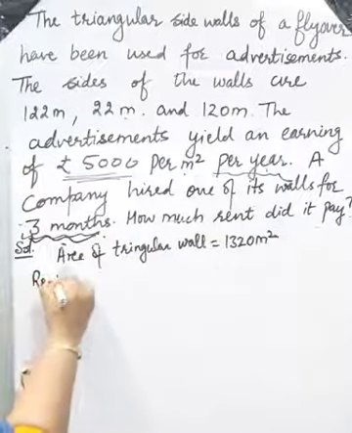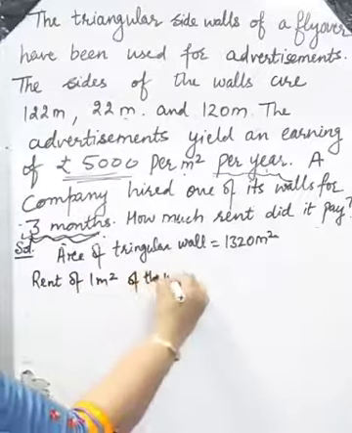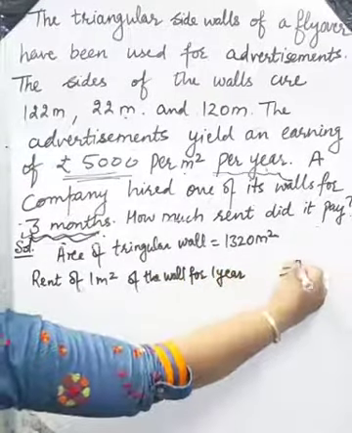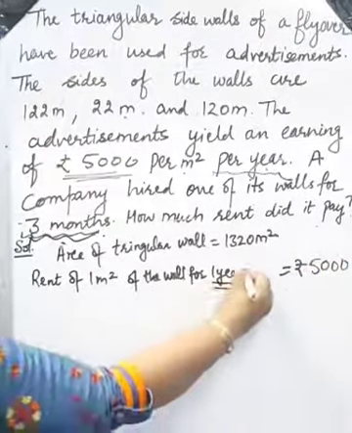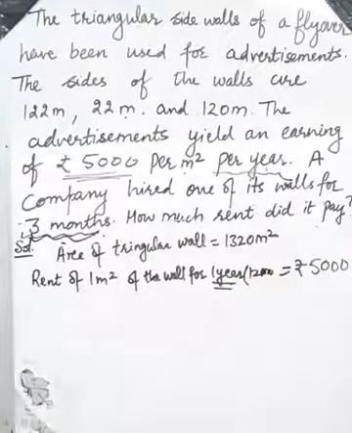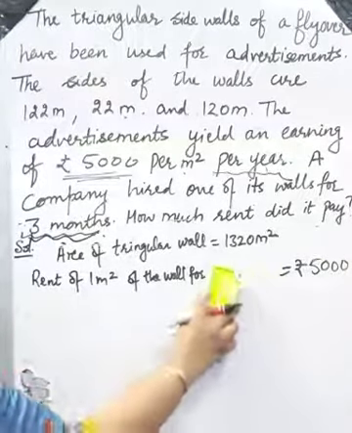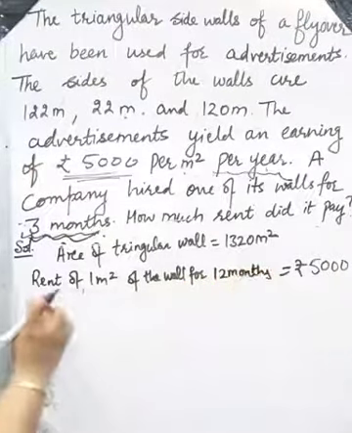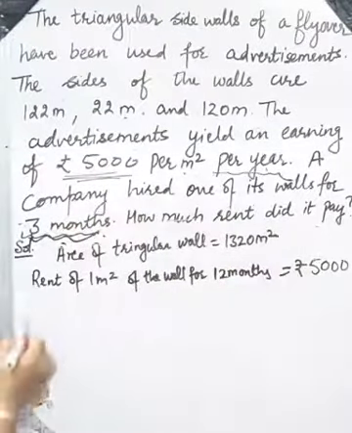Here rent of 1 meter square of the wall for 1 year equal to rupees 5,000 is given, and we know that 1 year equal to 12 months. It means rent of 1 meter square of the wall for 12 months equal to rupees 5,000 is given.